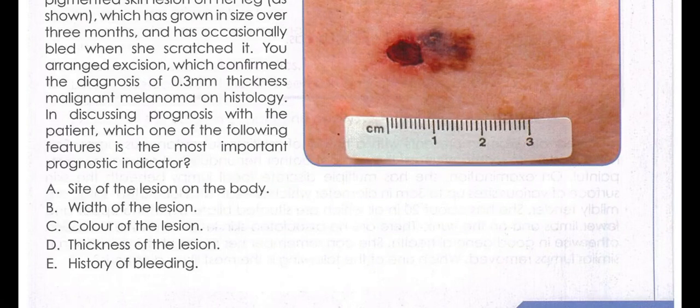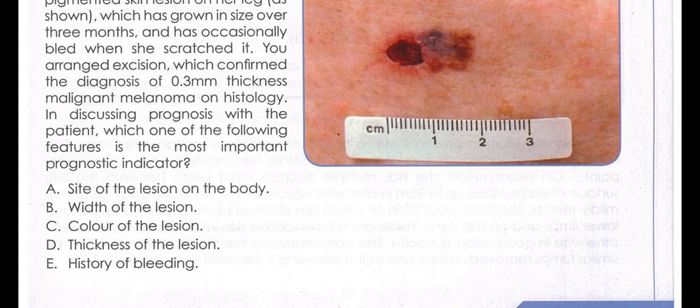So here you arrange excision which confirms the diagnosis of 0.3 mm thickness malignant melanoma on histology, and discussing prognosis with the patient, which one of the following features is the most important prognostic indicator, on the basis of which we can decide the prognosis of this lesion.